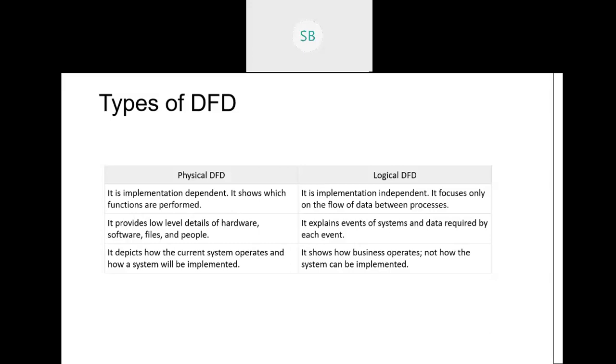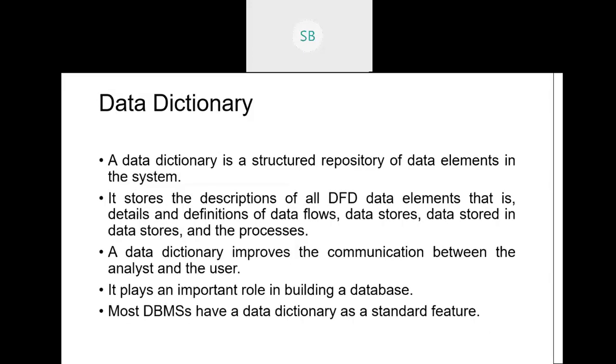In the DFD diagram we have seen, the logical DFD, we knew what the features and functionalities of the system are, but we did not know how we would implement it. We were not concerned with it at all. So these were the types of DFDs: logical DFD and physical DFD.